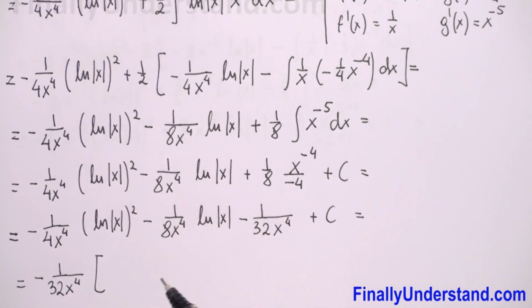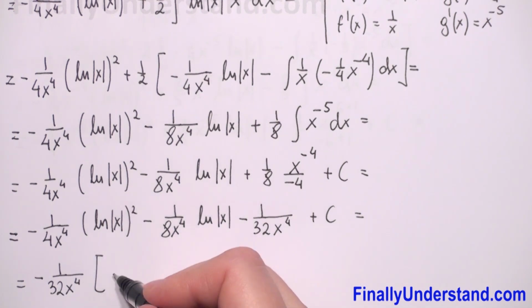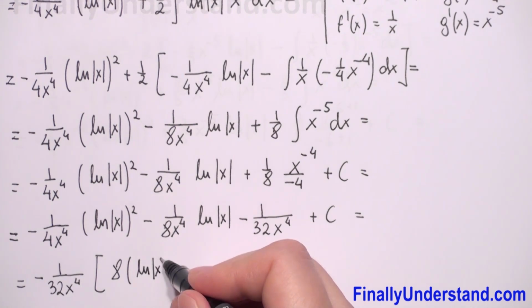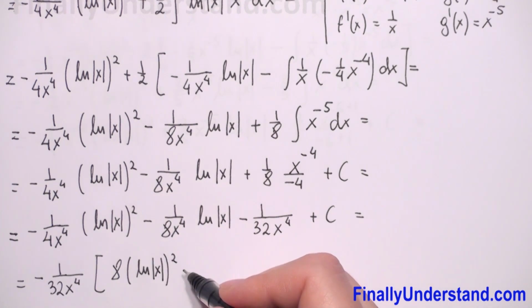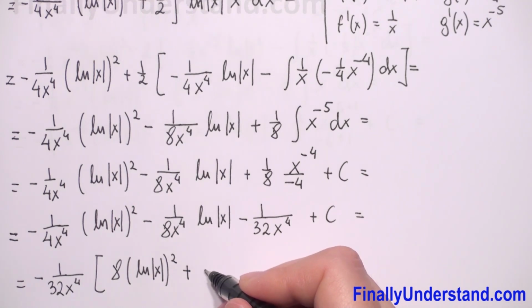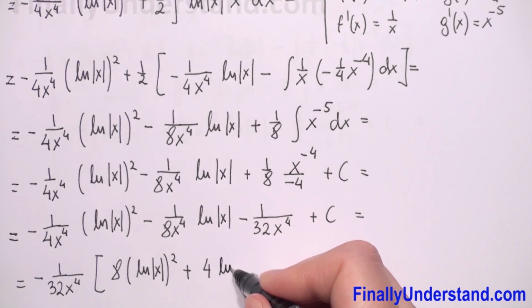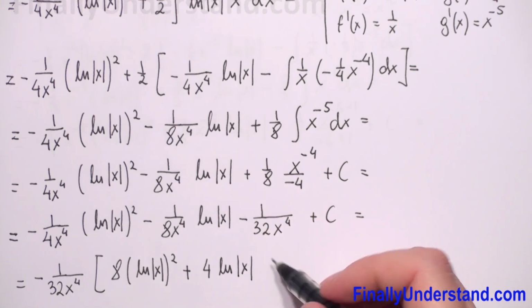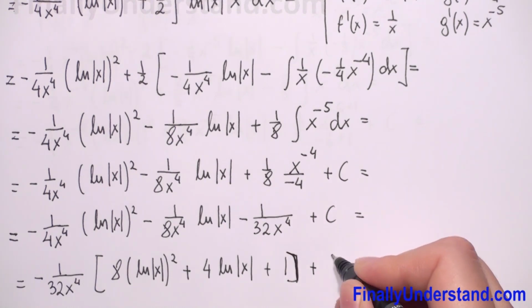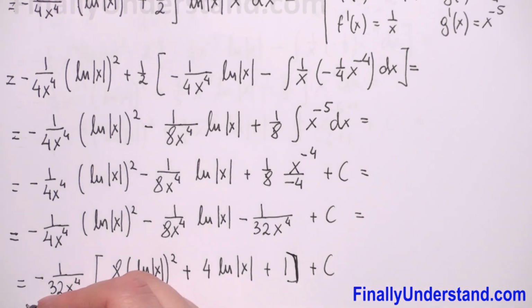So in brackets we will have first, because we have negative sign, positive 8 times the square of the natural logarithm of the absolute value of x, and now we have to put here plus again because we have negative sign here, so it will be 4 times the natural logarithm of the absolute value of x, and again we have plus 1, close bracket plus constant c. This is my solution.